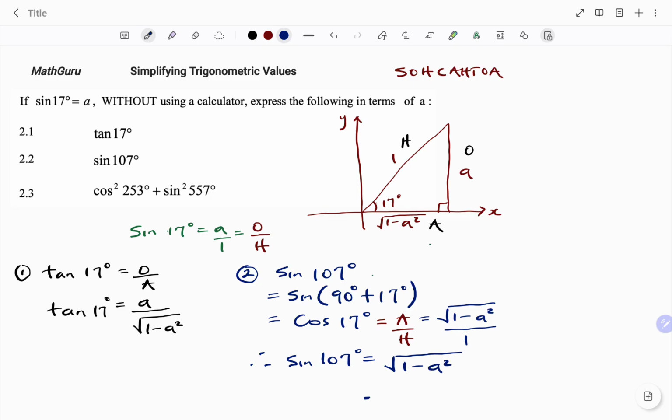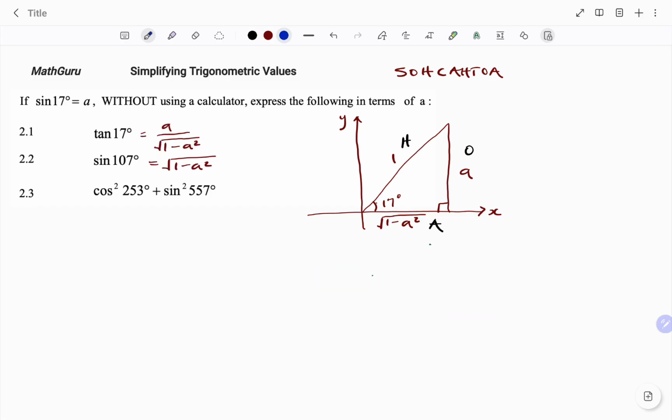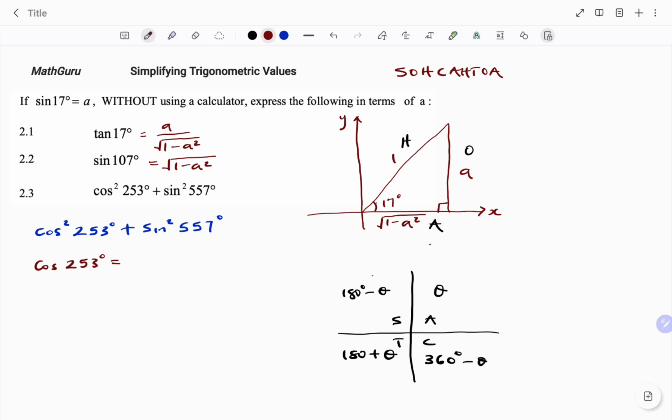The last but not the least example: I have cos squared of 253 degrees plus sine squared of 557 degrees. I'm going to solve each term separately so that you understand better. I start with the cosine of 253 degrees. If I break that down using my CAST diagram, that angle 253 degrees falls in the third quadrant.